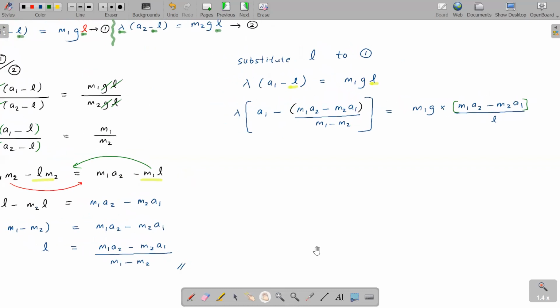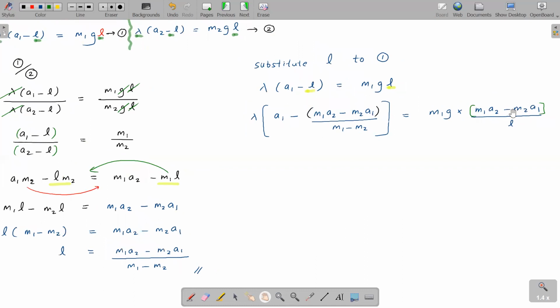Shall we simplify? On this side, it's better that we go for the common denominator.